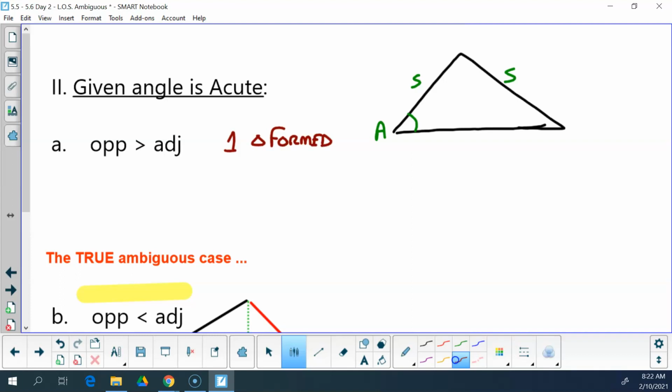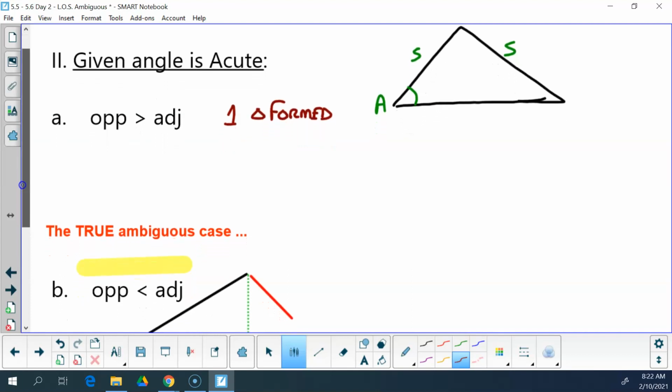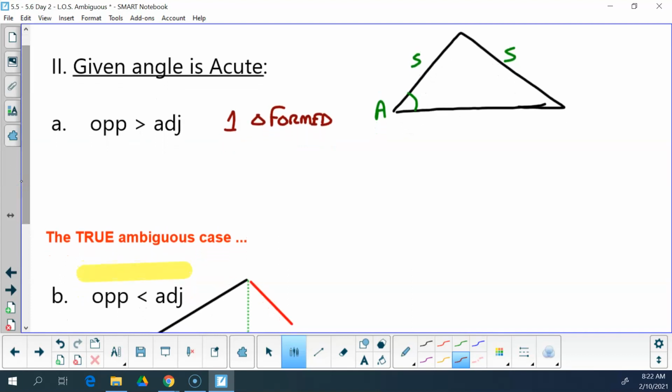And again, we use the law of sines to solve it. But then down here, this is where we get into it now. When the adjacent side is longer than the opposite side.